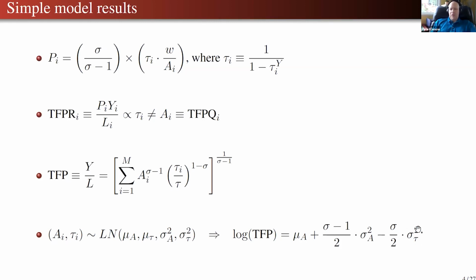So this is just a nice expression to see what the fundamental forces are behind that. There's two other things here. Notice the mean of tau doesn't matter. In this static economy, that doesn't affect anything. And the other thing that's kind of surprising is that the covariance between tau and A doesn't matter at all, but that's a special property of log normal, so I don't want to emphasize that too much.